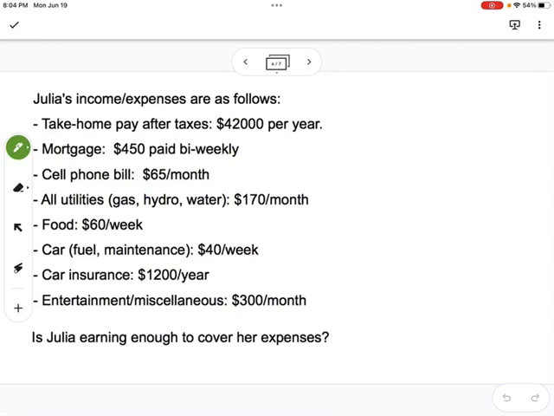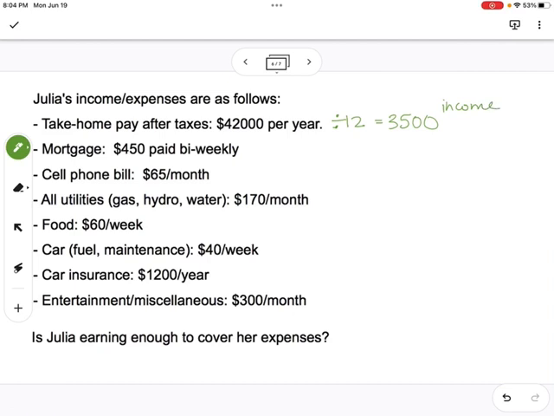If we want to go to monthly per year, we would divide this by 12. And we get 3,500. Okay, so this is income.